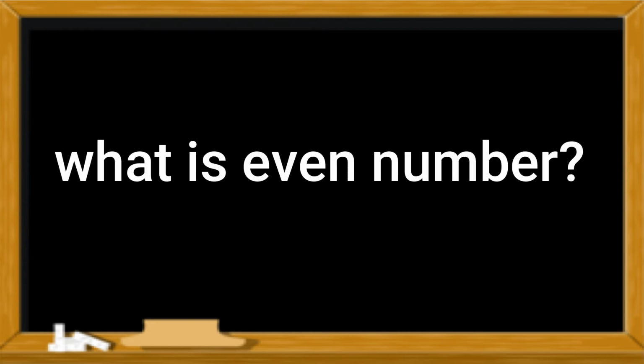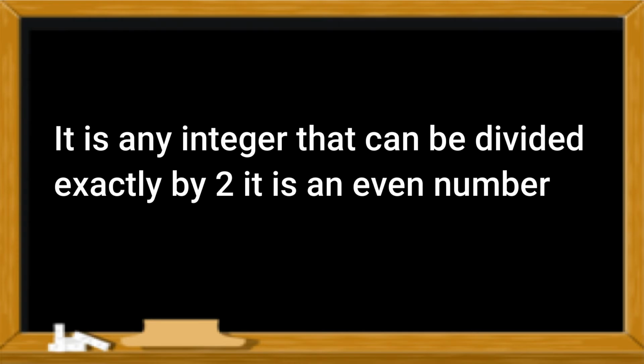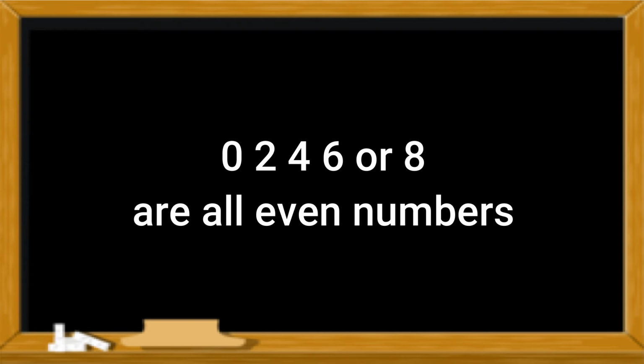Ano nga ba ang even numbers? Pag sinabing even numbers, it is any integer that can be divided exactly by 2. It is an even number. So, if the last digit is 0, 2, 4, 6, or 8, they are all even numbers.